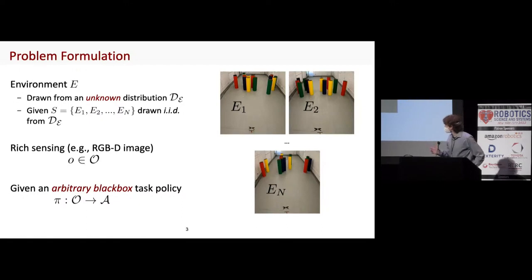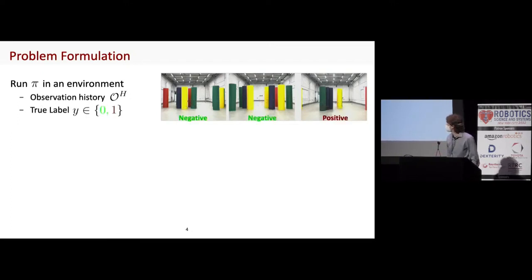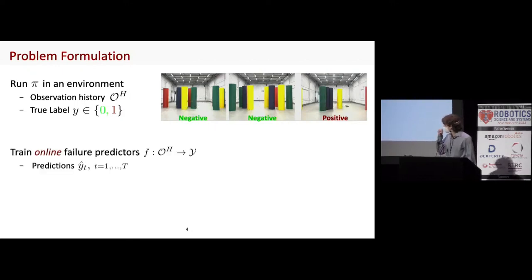For this framework, the intuition for how we perform failure prediction is as follows. We assume we can run the policy pi in any of the environments, and from this we get an observation history and a true label, determining whether or not the controller truly succeeds or fails in the environment. From this, we can run the failure predictor online to generate predictions of failure.